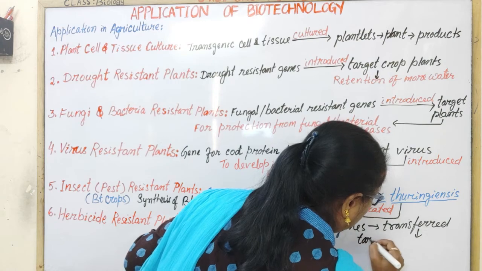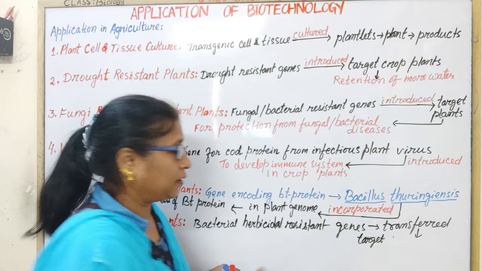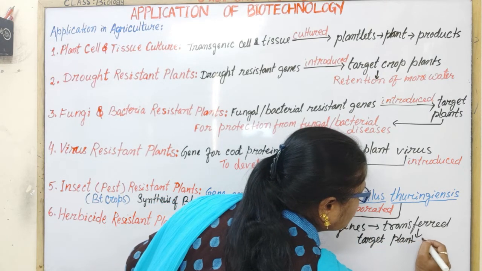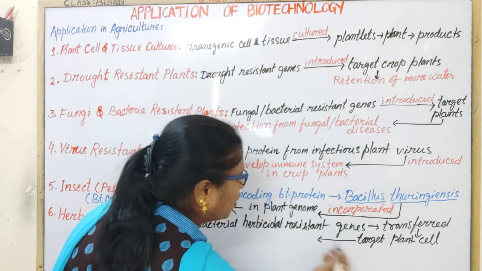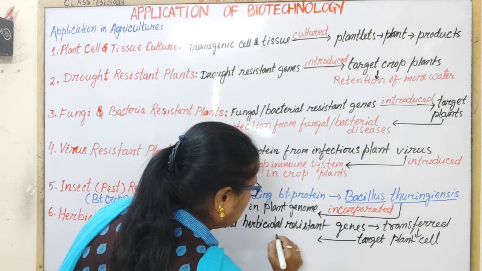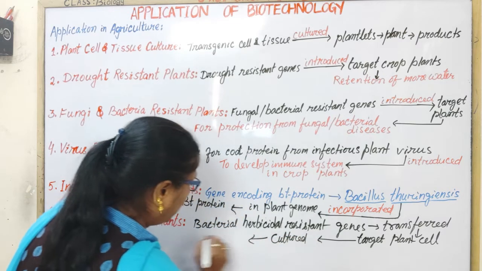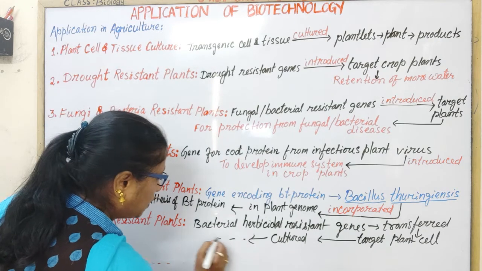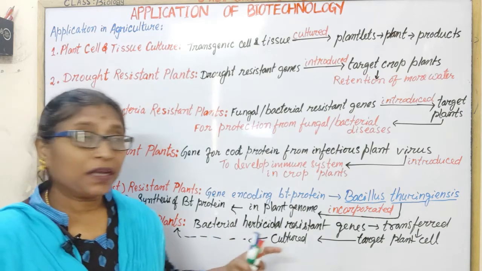Then from this target plant cell, they are cultured to develop the herbicide resistant plants.